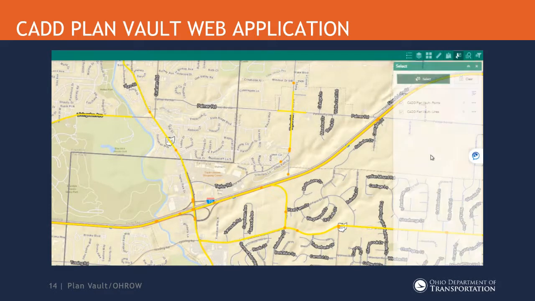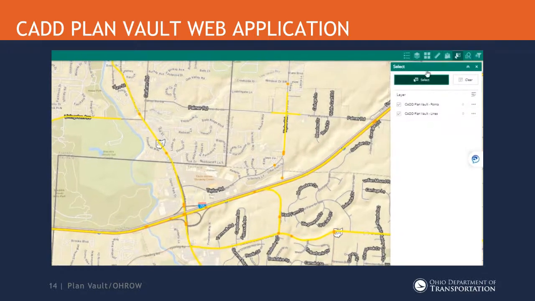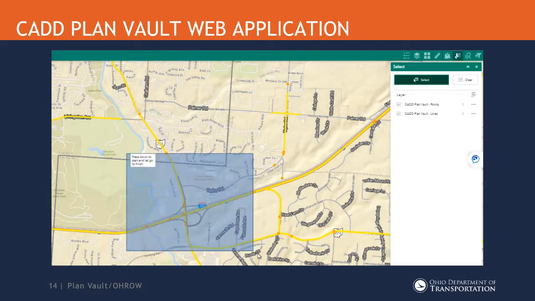Now, one of the most important features is this select area. So I demonstrated clicking a certain feature on the map. You can also create a rectangle of everything within that area.